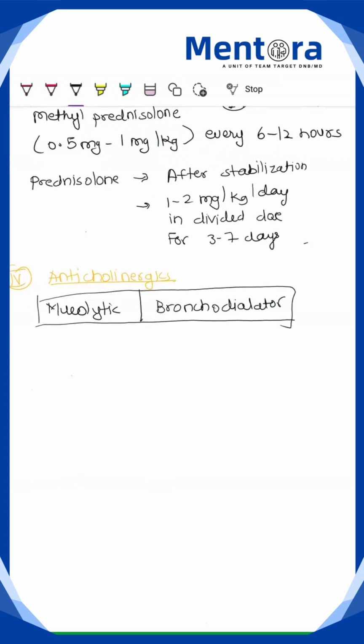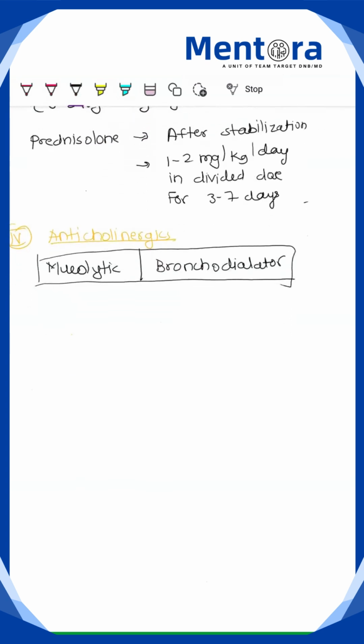They are used as added therapy. If there is no improvement after albuterol and systemic steroid, then we add ipratropium. They will be given as nebulization in the dose of 0.5 mg every 6 to 8 hours as needed.